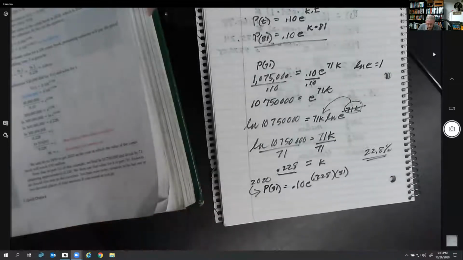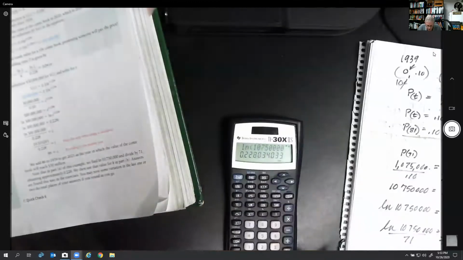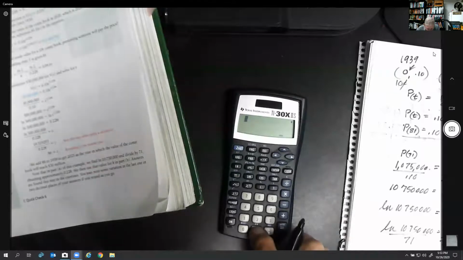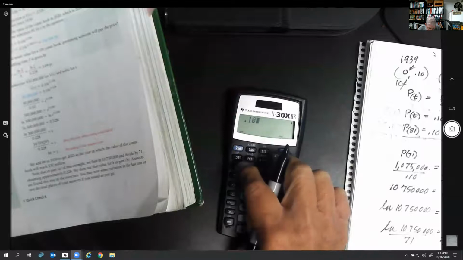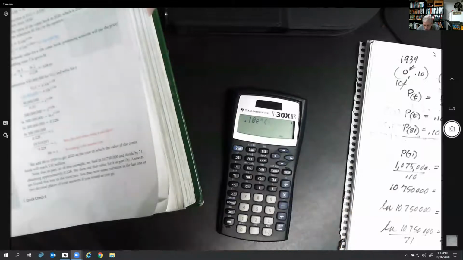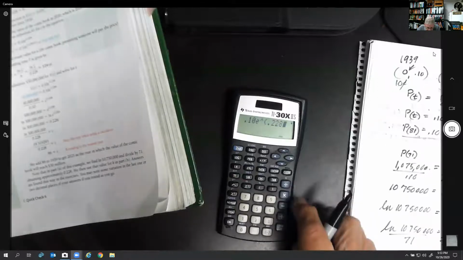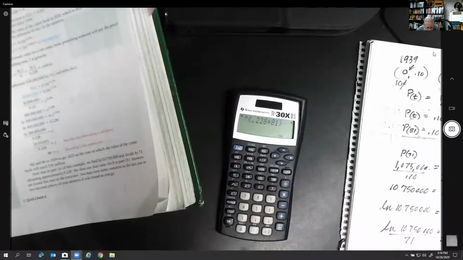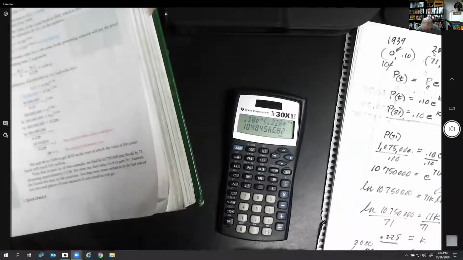Okay, so let's put that in our calculator. Move that out of the way so you don't have to bother with it. It's 0.10 e to the 0.228 times 81, in parentheses. This comic book is now worth whatever that big number is. Let's write it down.